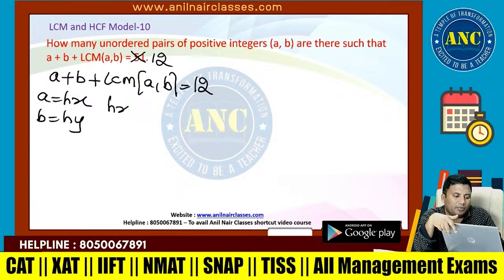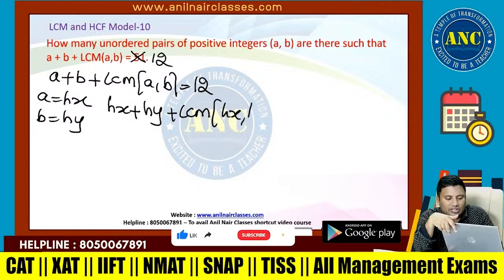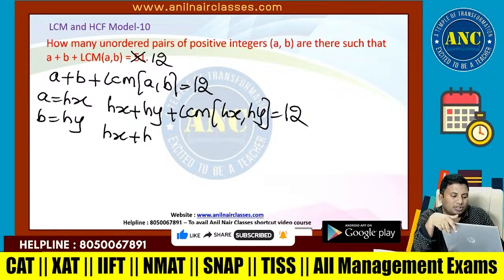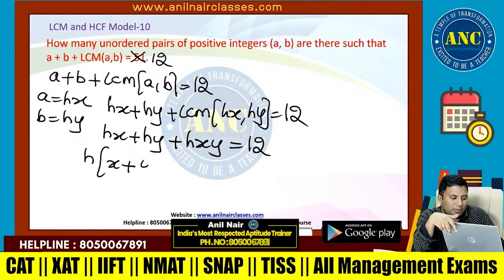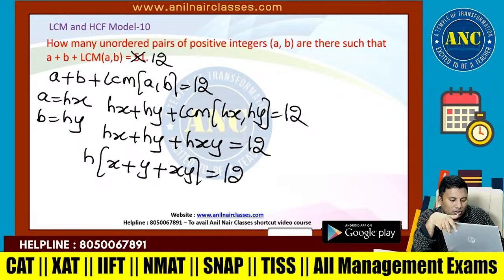This became Hx plus Hy plus LCM of Hx comma Hy equivalent to 12, so Hx plus Hy plus Hxy equivalent to 12. H into x plus y plus xy equivalent to 12. Which all cases are there?